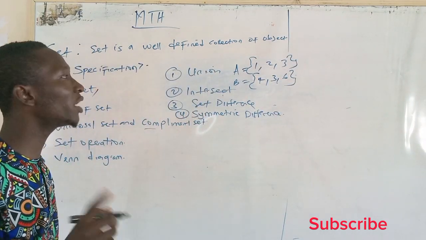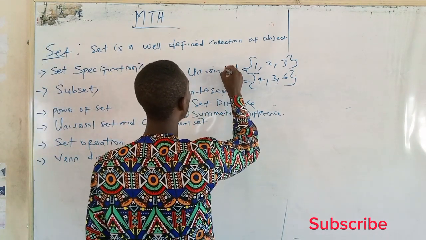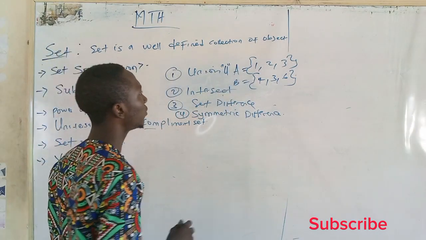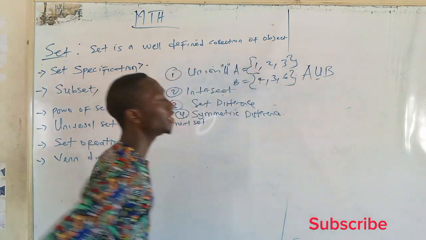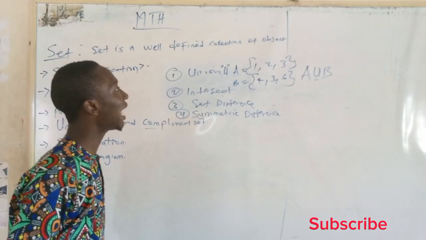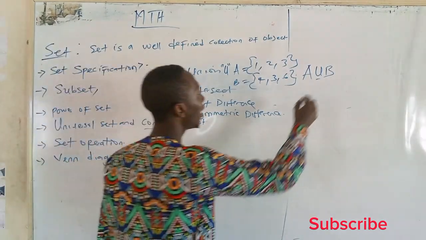The symbol for union is U. Anywhere you see U, know it denotes union set. So I have to combine the two sets without repetition.